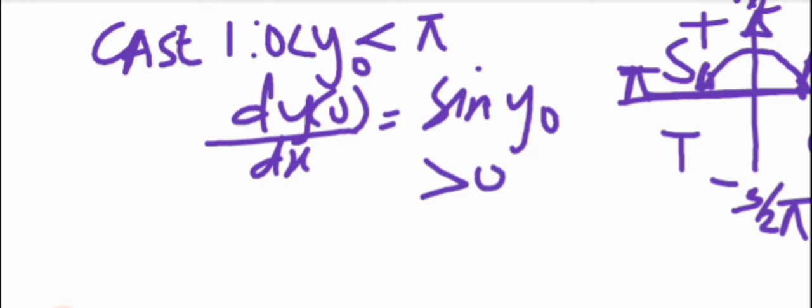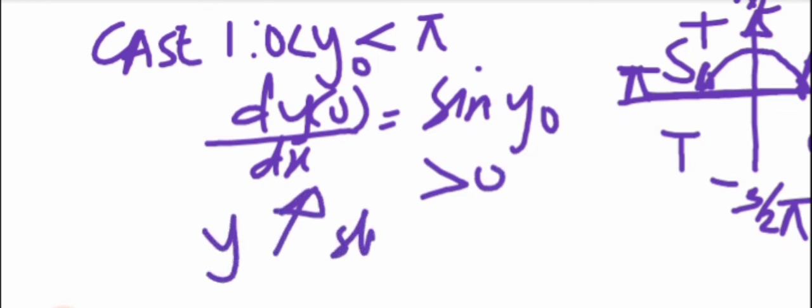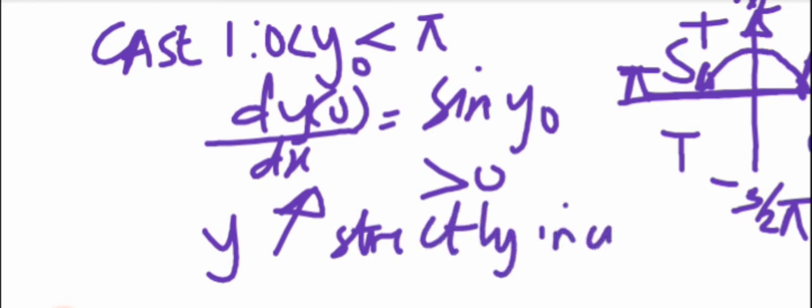Here, this region is bigger than zero. This is less than zero. Okay, so you can obviously see that the other region is less than zero. But we have that this is bigger than zero and y is what? Strictly increasing. And we can go back to that graph and sketch what it means for y naught to be strictly increasing. It means that if I move from the negative side, I will be going higher and higher.